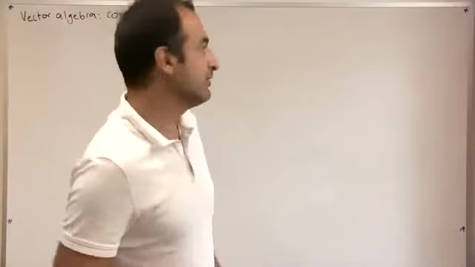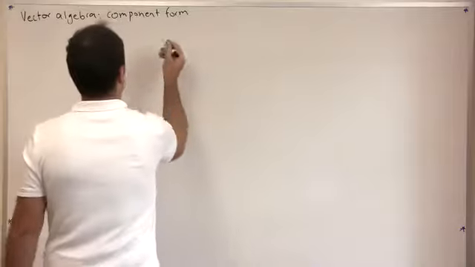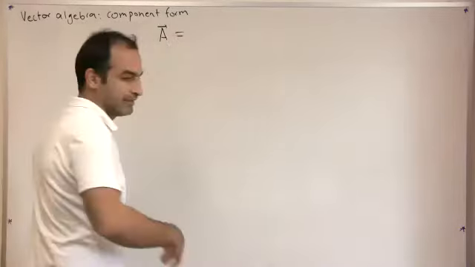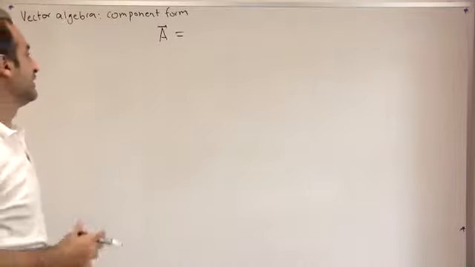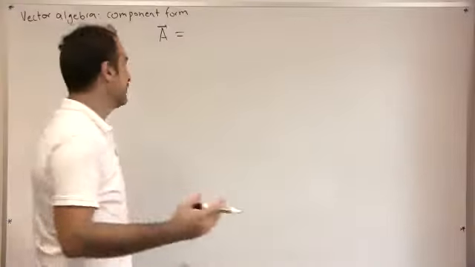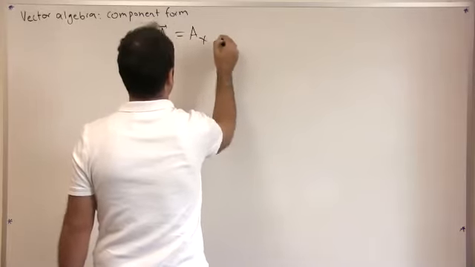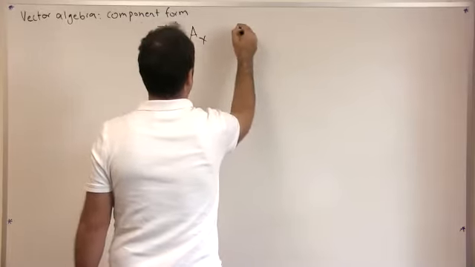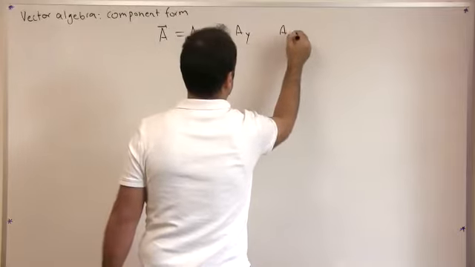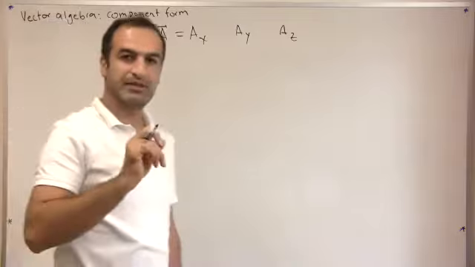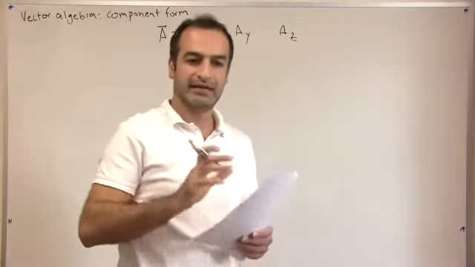Component-based notation means if we have any vector A, depending on how many dimensions we are working in, it can be written in terms of the components. If we are in 3 dimensions, A has 3 components, Ax, Ay, and Az, and each component is the projection of the vector on that axis.